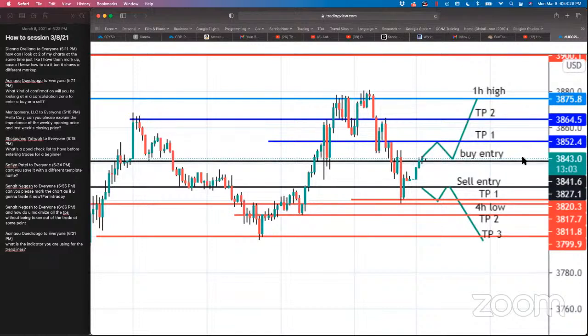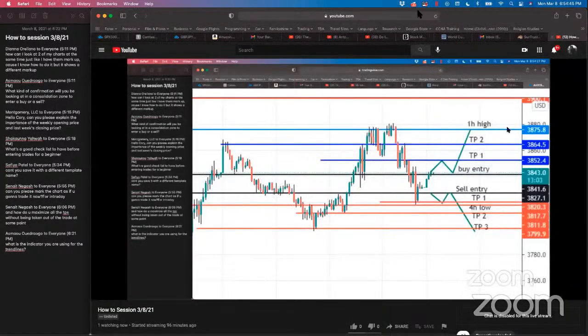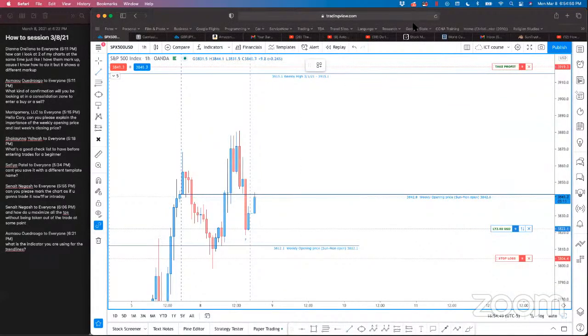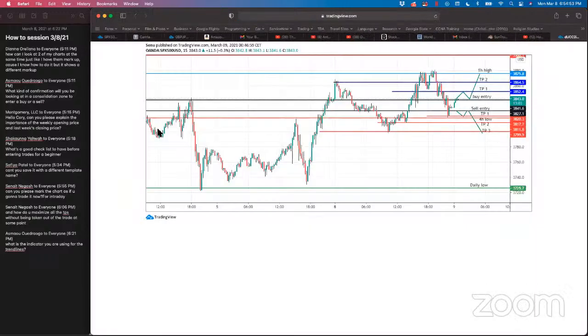So I mean, you could take these targets, but given this time of day, I would be careful with this because it's the Tokyo session. Let me see the other one. Yep, same thing. I would say go 50 per target right now.